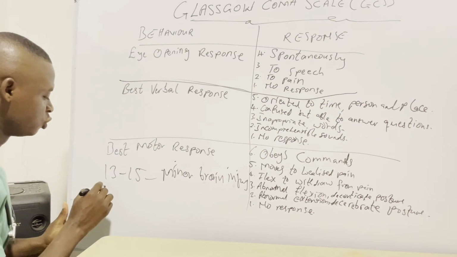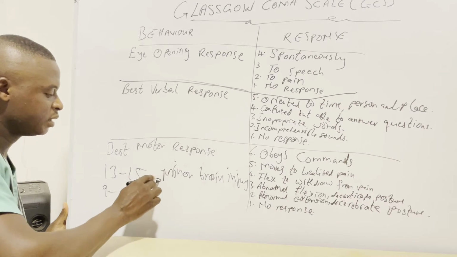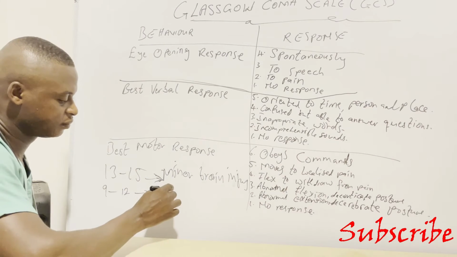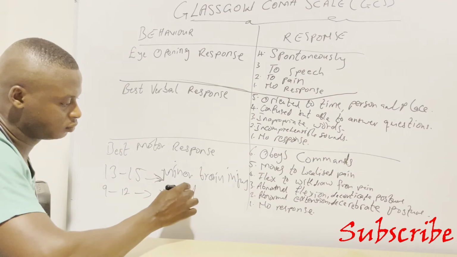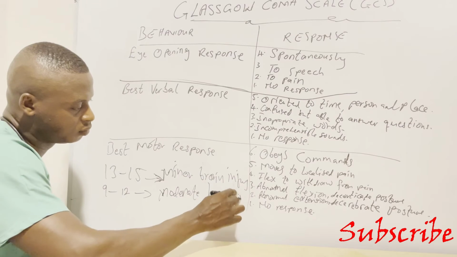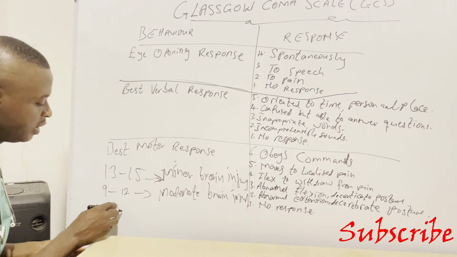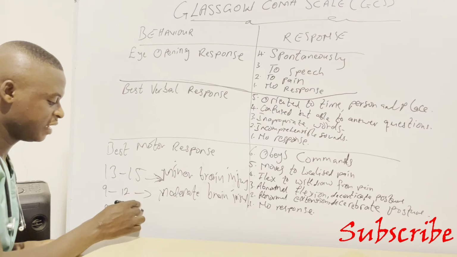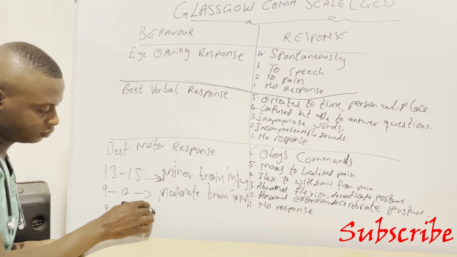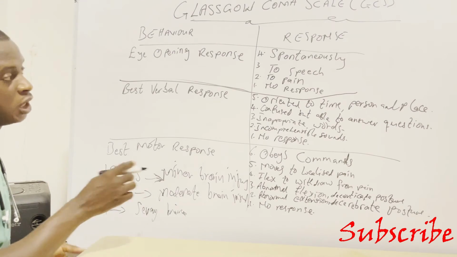If the patient is able to score, let's say, from 9 to 12, the patient has moderate brain injury. Then anything below 9, the patient has severe brain injury. So as a nurse, you need to know how to use this scale.